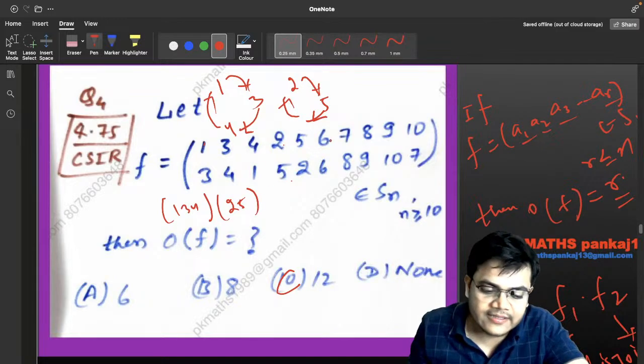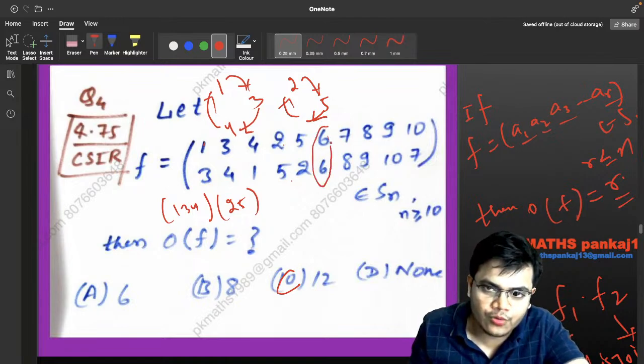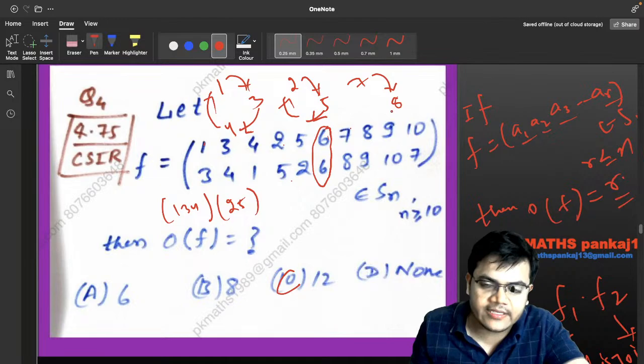Once again, 6 is going to 6 only, so it's fixed. But here you can see this 7 is going to 8, this 8 is going to 9, this 9 is going to 10, and this 10 is going to 7.